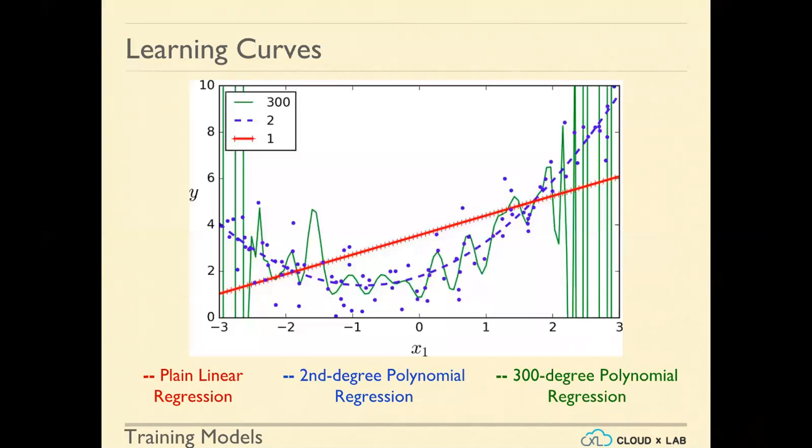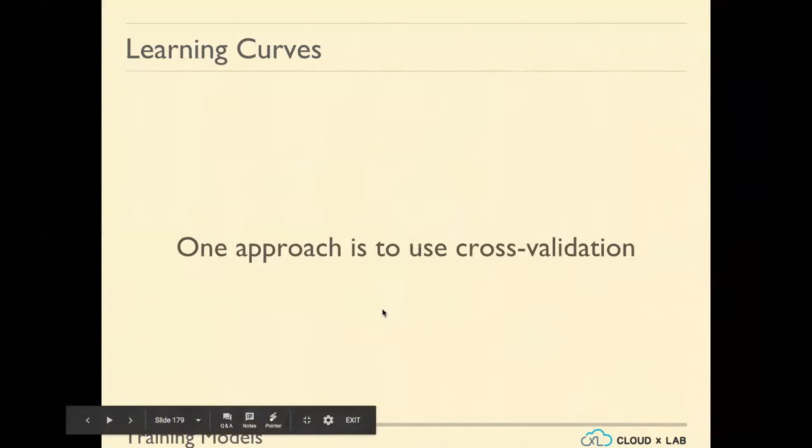So a linear model is heavily constrained, and it basically has only 1 degree of freedom. Yes, thank you, Gopi.